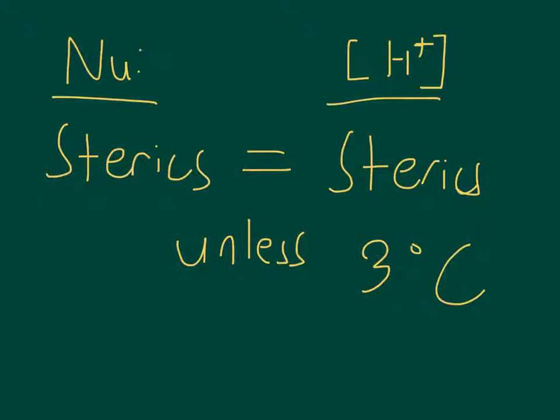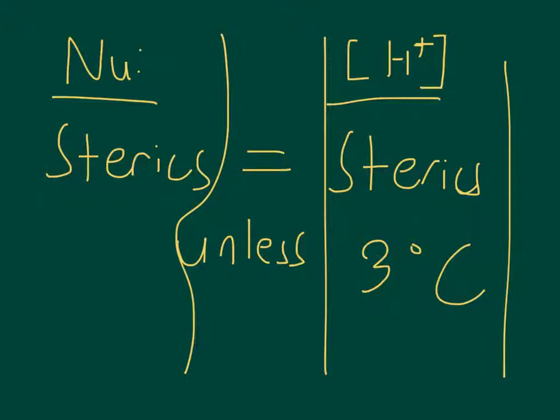And if there's a tertiary carbon in acidic conditions, then the electronic character brought on by the tertiary carbon is going to win out over anything else. Otherwise, if there's no tertiary carbon in acidic conditions, then you just follow the same thing with sterics.